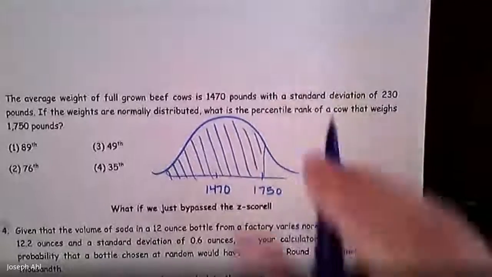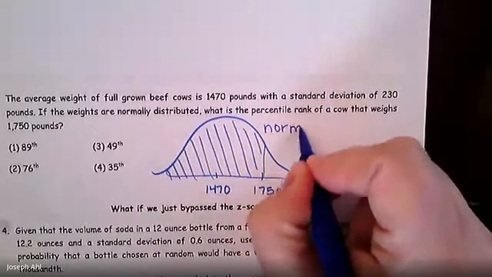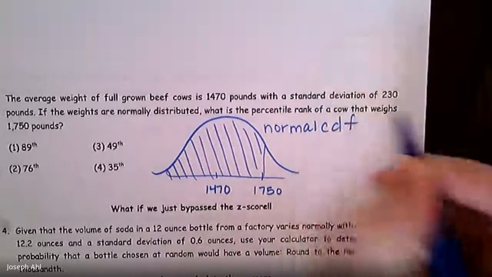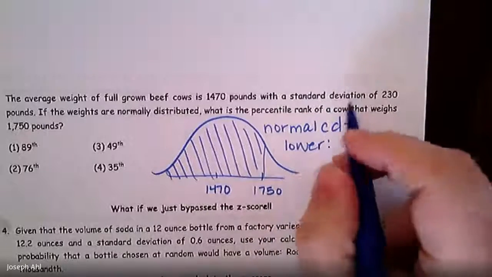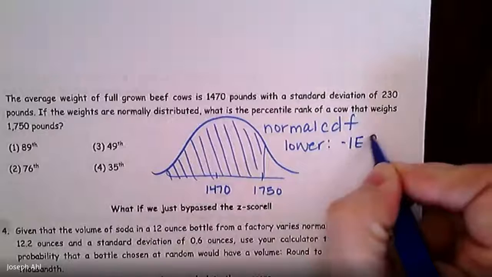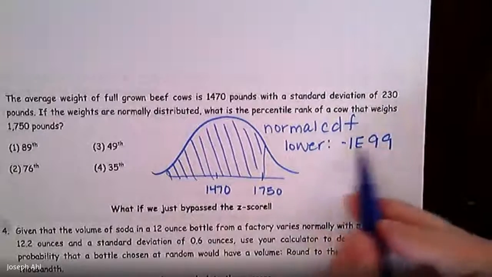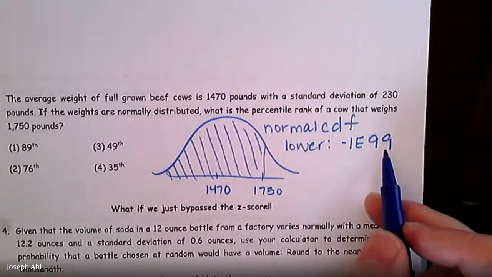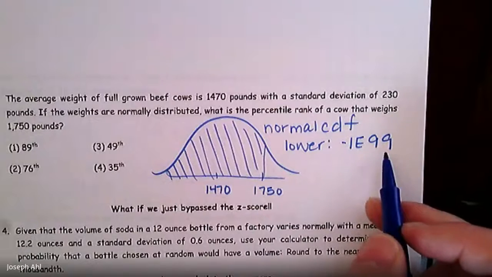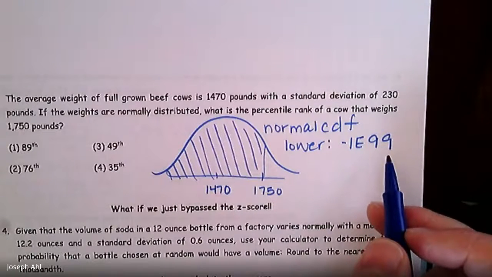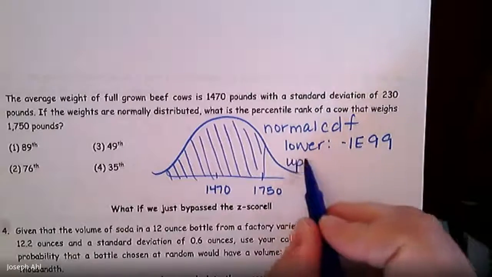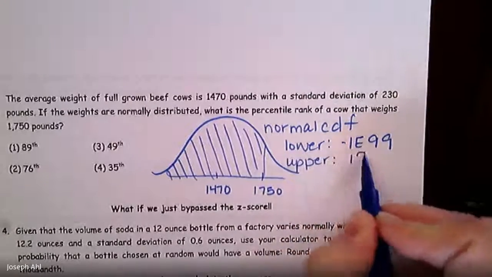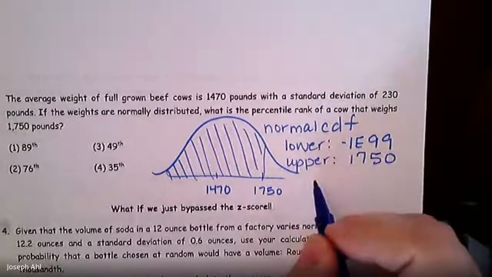Okay. So on your calculator, you do normal CDF, where the lower bound is all the way to the left, our version of negative infinity, negative 1e99. It's negative 1 times 10 to the 99. The upper bound would be the weight that we're looking at, 1,750.